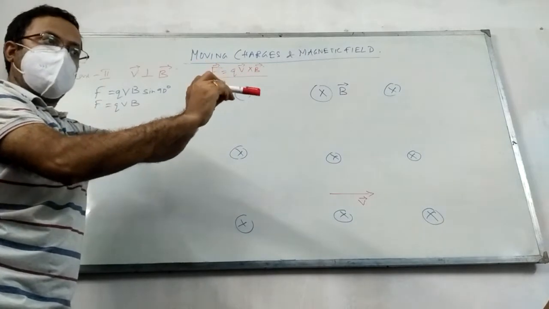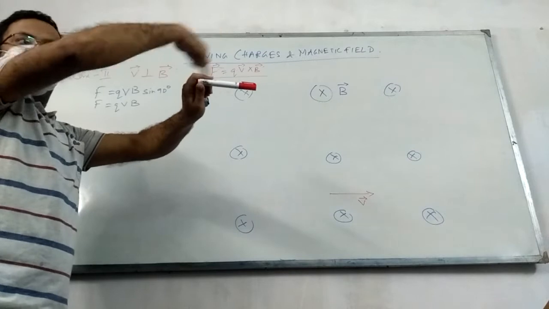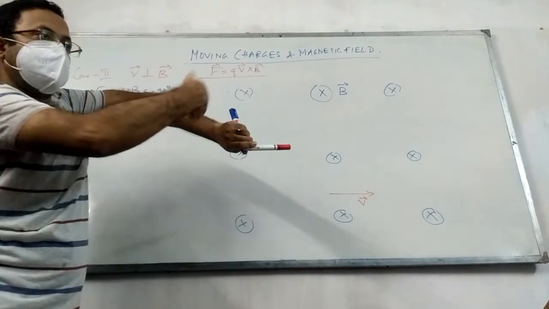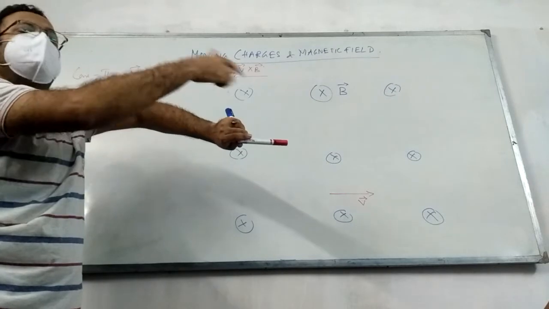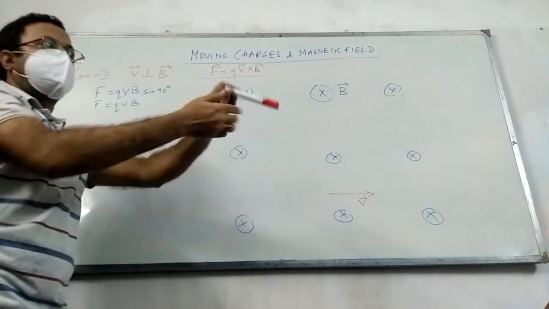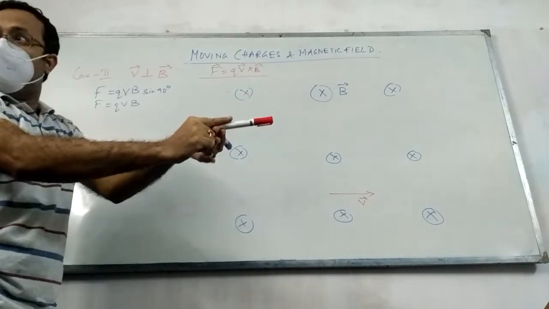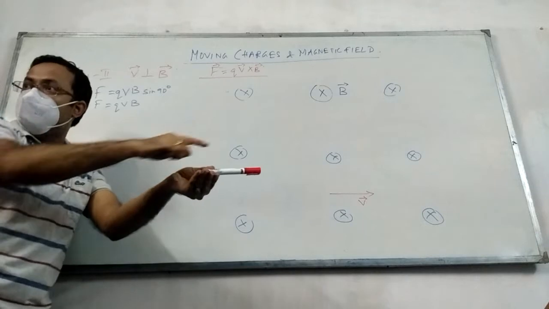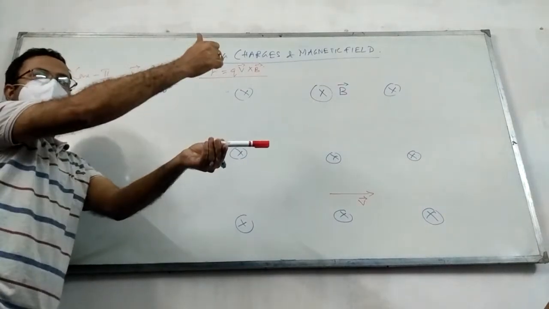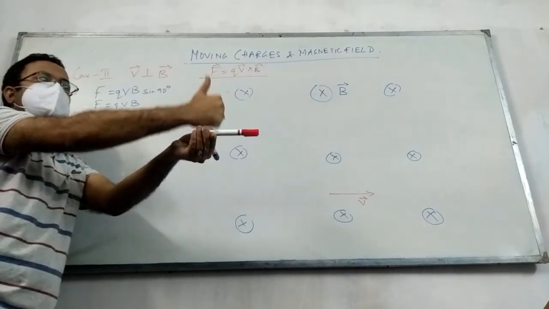So this is v and this is B. If I do v cross B, which way are we going, anticlockwise or clockwise? Anticlockwise means outwards or inwards? Outwards. So if I maintain this orientation, v cross B is directed in the upward direction.